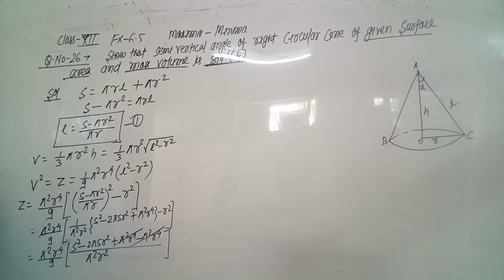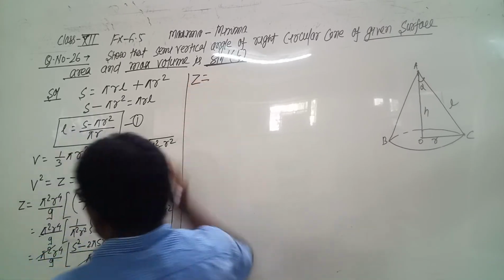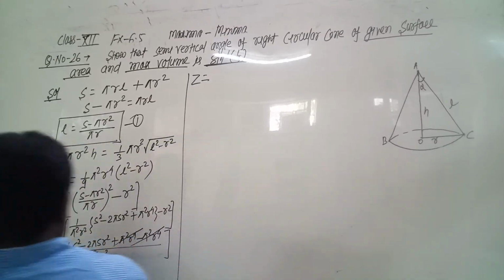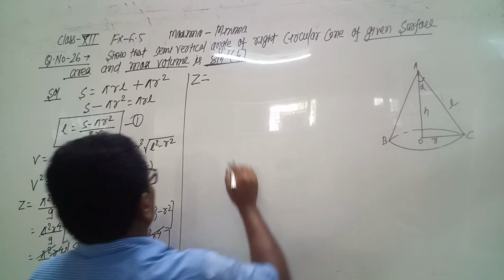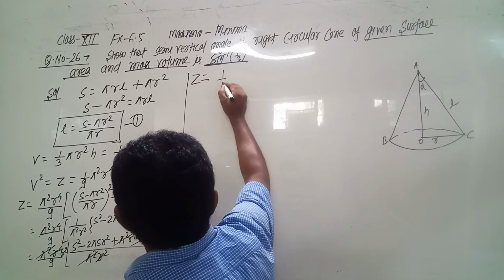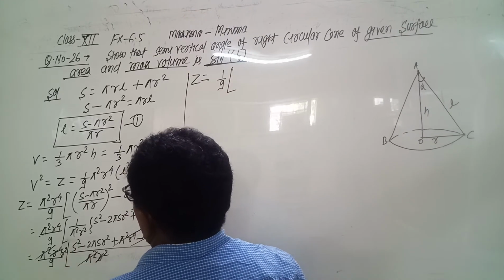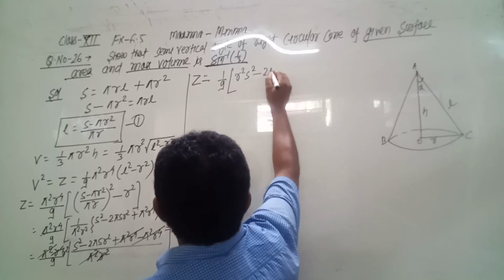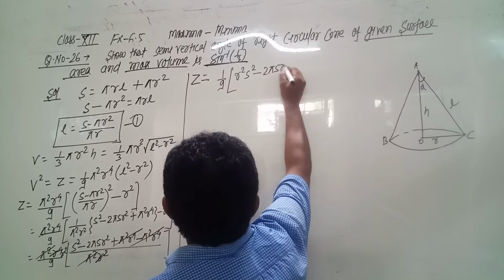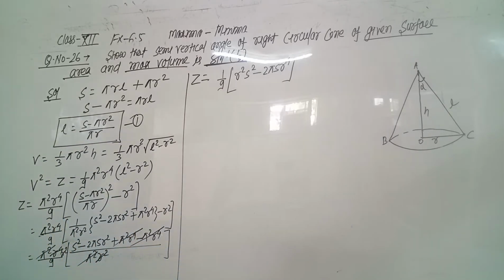This and this get cancelled, pi square cancels, and r square also cancels. So we get Z equals 1/9 times r square multiplied inside: S square r square minus 2 pi S r to the power 4. This is the value of Z.